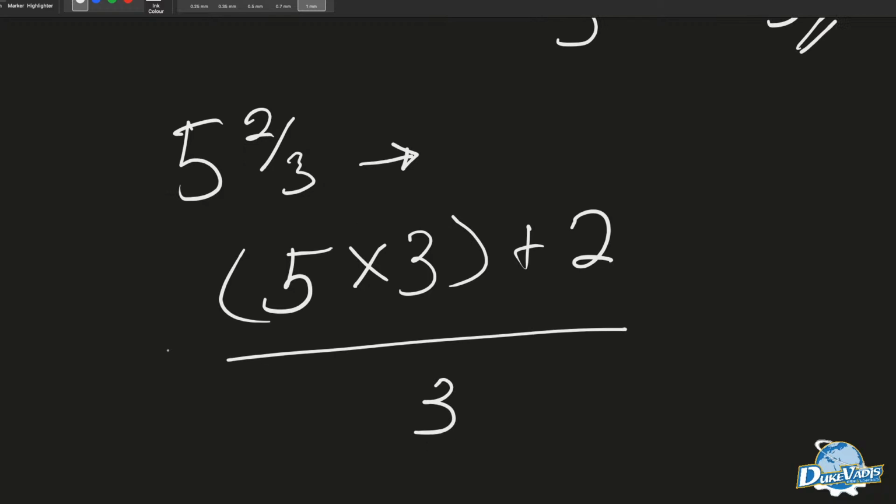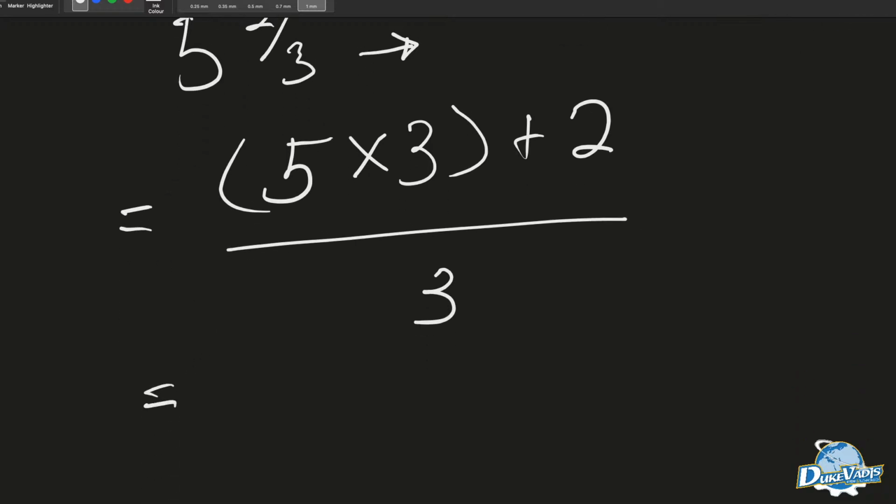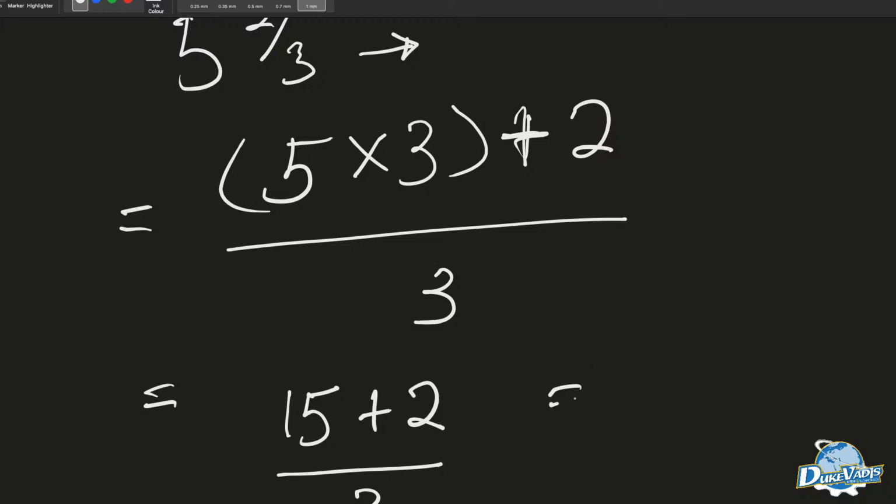As we know that we have to deal with the one in the bracket first. So we say 5 times 3, which is 15. And don't forget, we still have our addition sign here. So we say plus 2 all over 3. 15 plus 2 is 17 over 3.